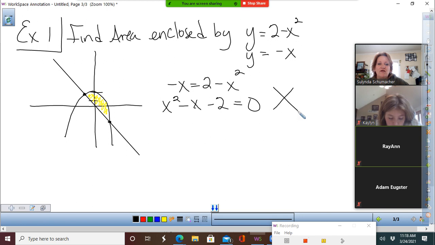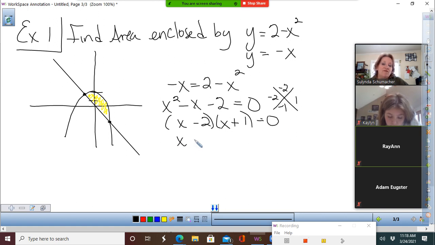Then I get to factor, right? Negative 2 on top, negative 1 on the bottom is going to be negative 2 and 1. So I have x minus 2 and x plus 1. So my two bounds are going to be where x equals positive 2 and where x equals negative 1, which makes sense. This looks like this is about positive 2 and that's about negative 1. So those are my bounds.